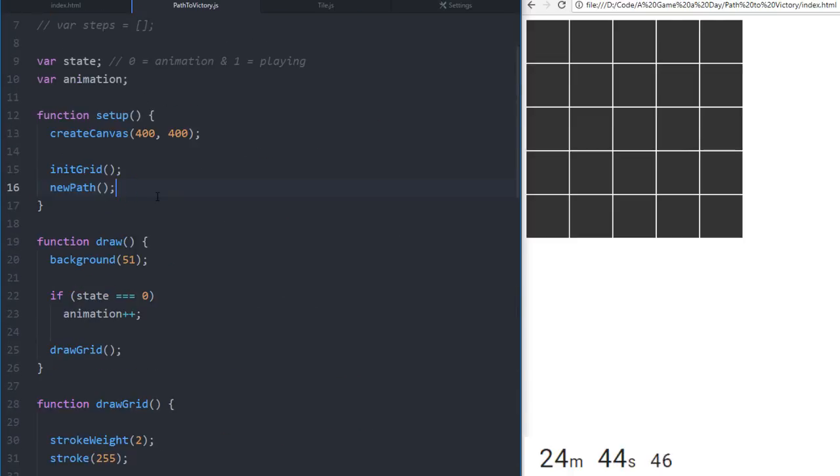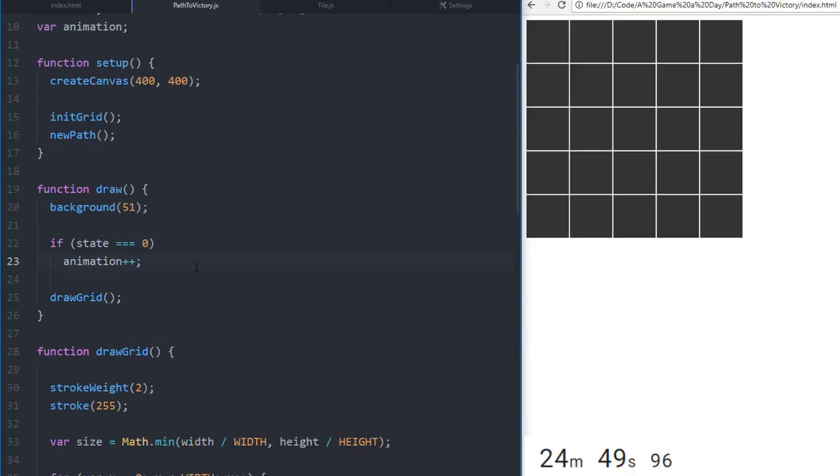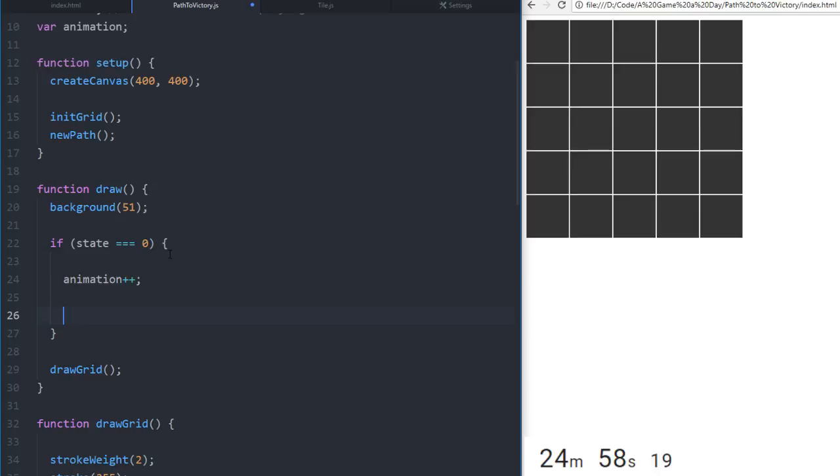Let's continue. Let's do new path. Now we need to animate new path. So if state equals 0, cool, animation plus plus, and we say, so now we need a variable to keep track of distance. Var, not distance, but not path, route equals animation.